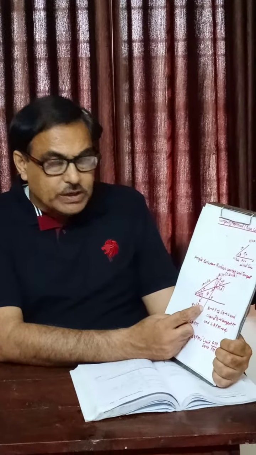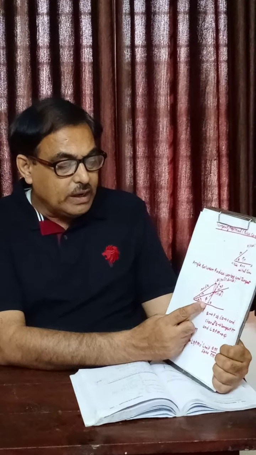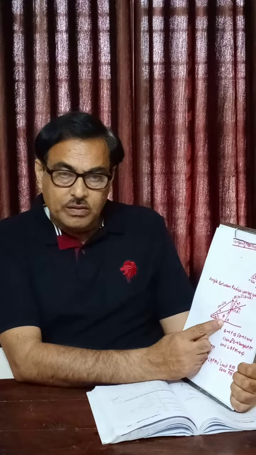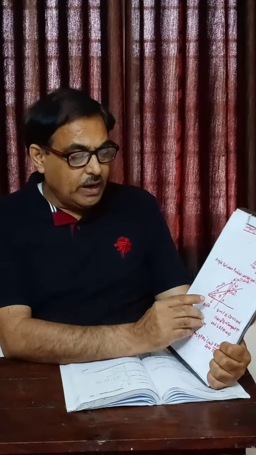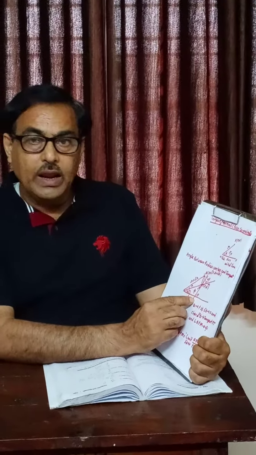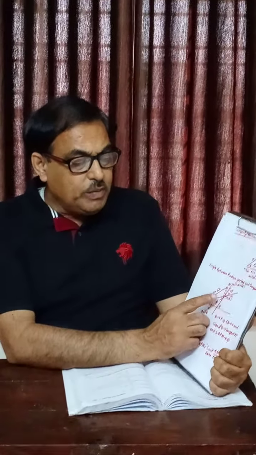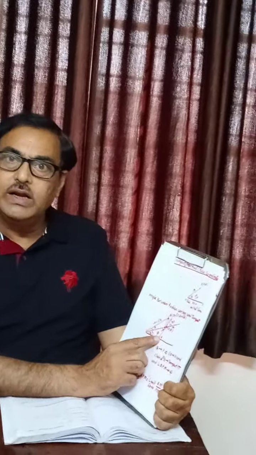Draw the tangent at the point P, which cuts the initial line, suppose at A. The angle which the tangent makes with the initial line is always denoted by psi.